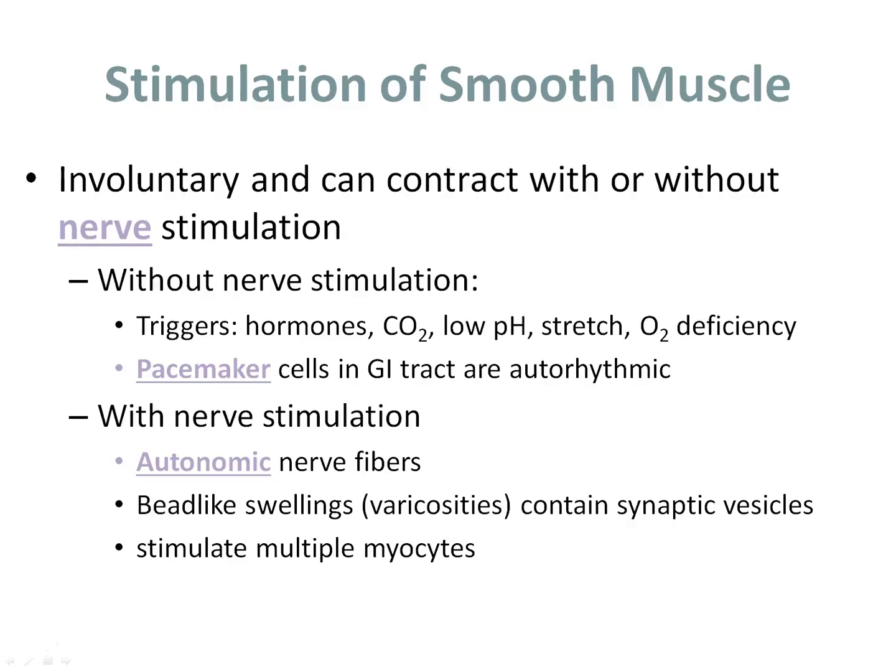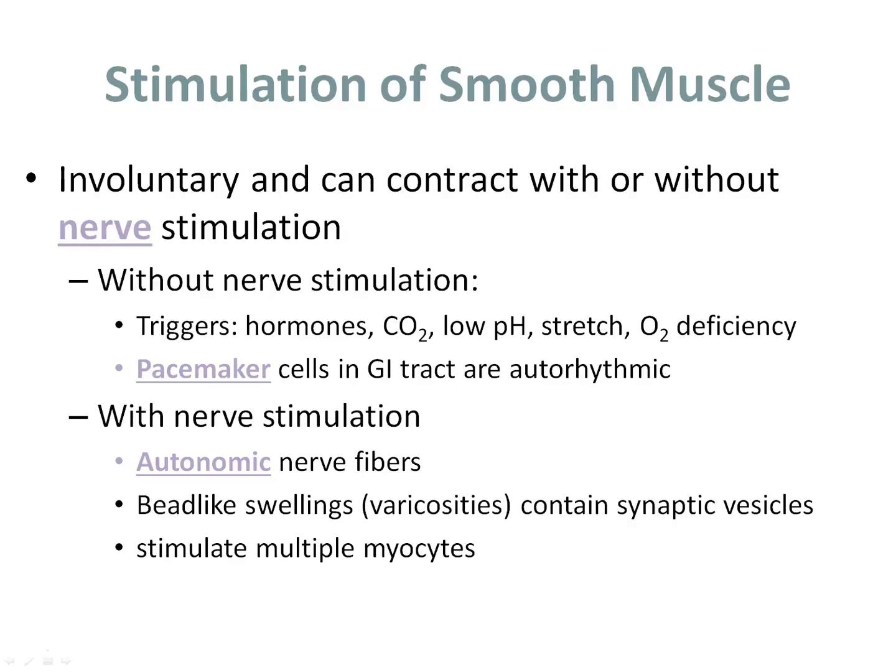Smooth muscle also works a little bit differently than skeletal and cardiac muscle. Smooth muscle is involuntary and can contract with or without nerve stimulation. So we just looked at two types of smooth muscle that contract with nerve stimulation. However, without nerve stimulation, we can have other things that trigger smooth muscle to contract.